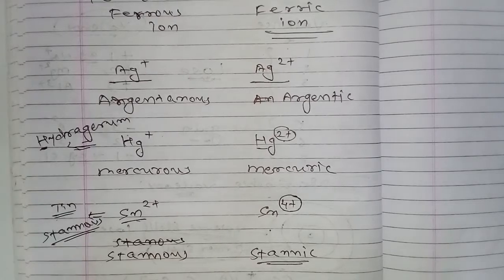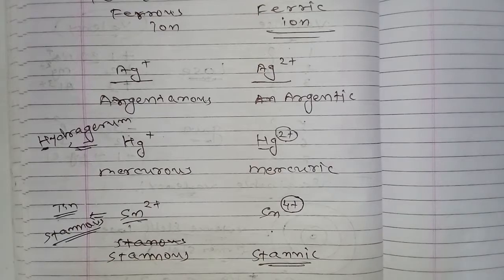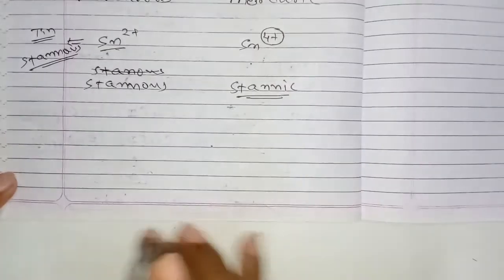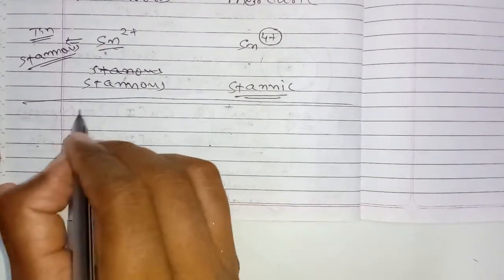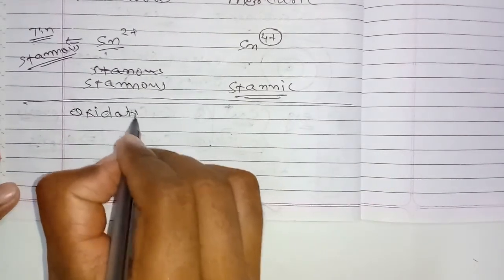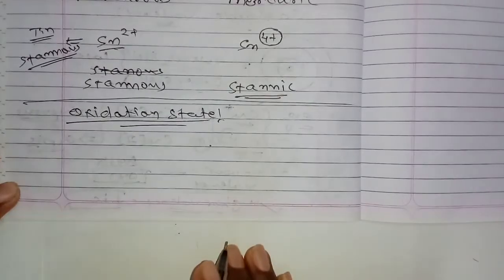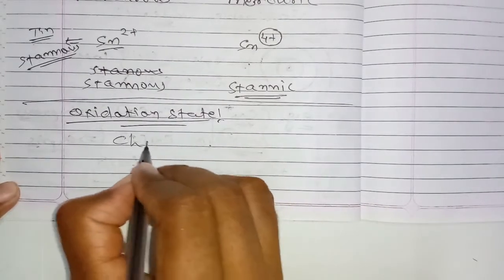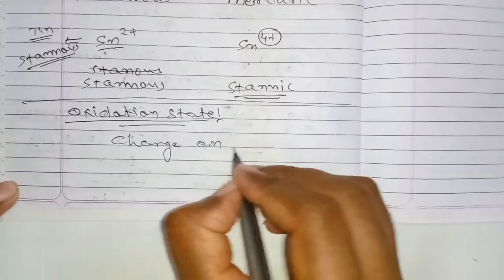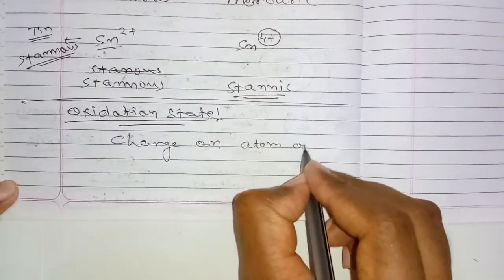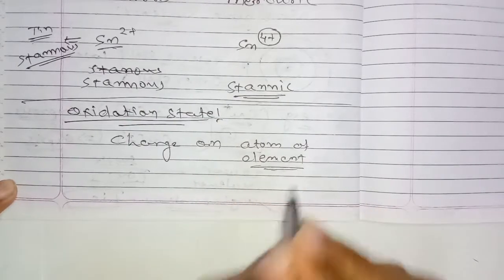Okay, and this is the concept about valency. And the last thing, sometimes you will be asked about oxidation state, or in another word, the charge on an atom of an element.